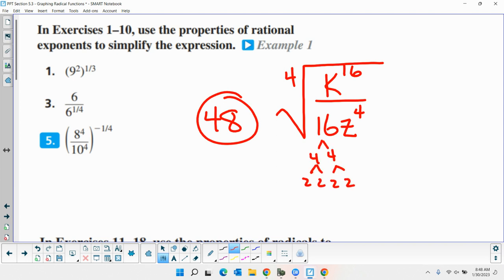So that's one of those perfect 4th root things. So that's in my denominator. And 16 is a multiple of 4. Just go 16 divided by 4. So that leaves 4 sets of 4 K's. And 4 divided by 4 is 1. So Z. So all that worked out nice. There was nothing left over. They're all 4 of something. Anything else?